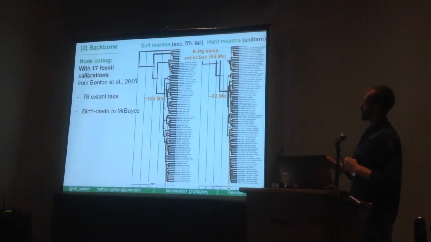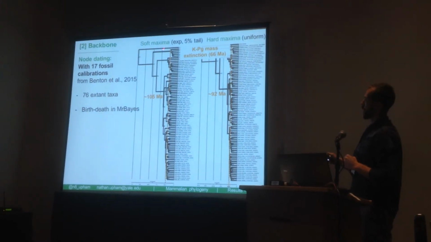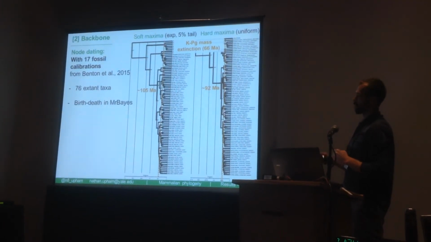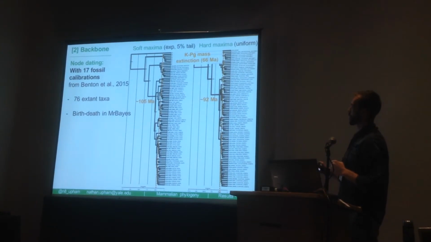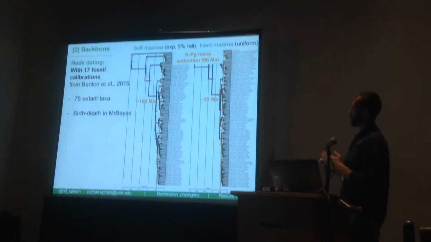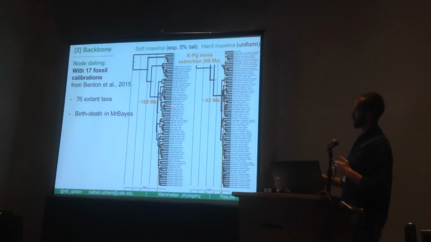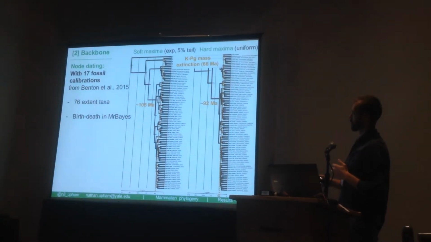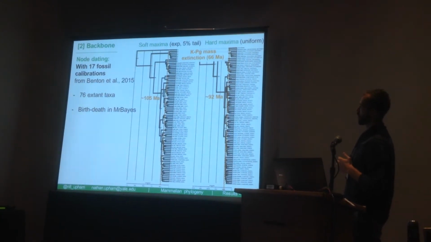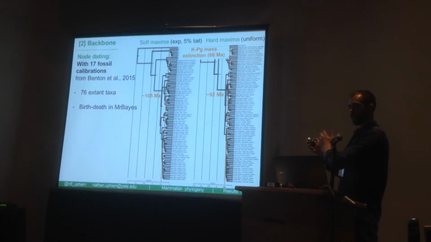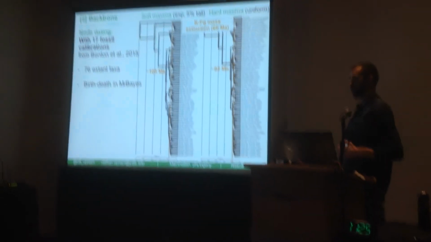The difference here is allowing for a soft maximum age, where the tail of the exponential, the 5%, can be older, versus a hard maximum where it's just a uniform cutoff. You can see the difference in age here with the crown of placentals, and in relation to some of the early branching. So we're going to be producing trees that are based on each of these three backbones.